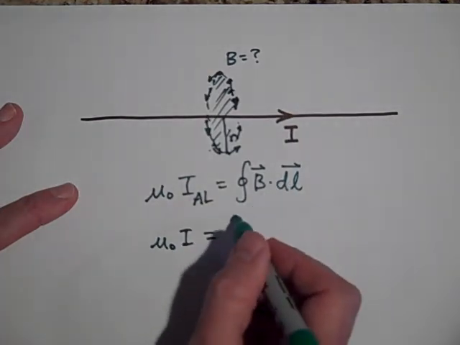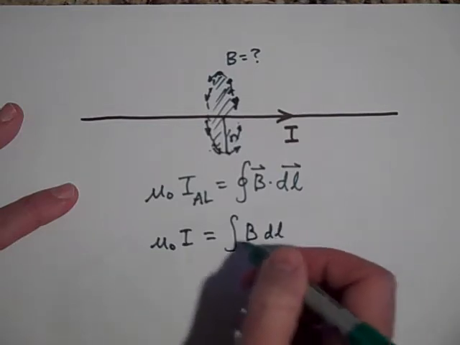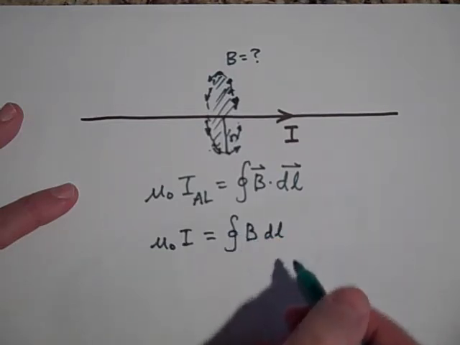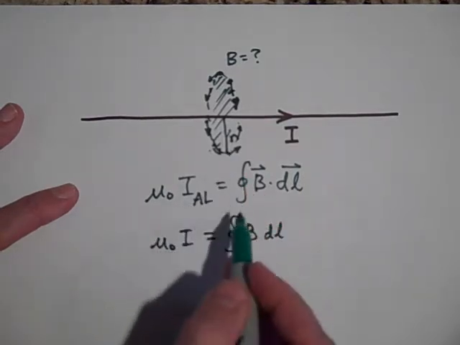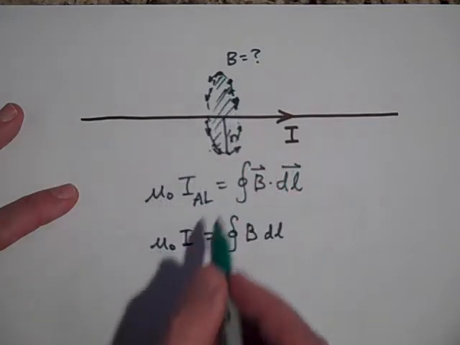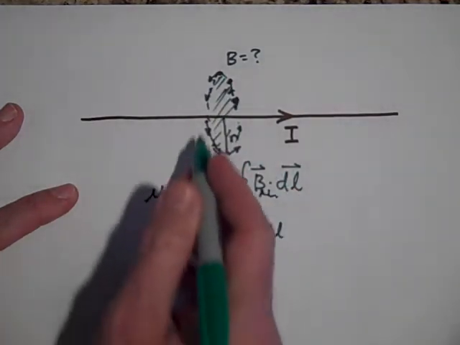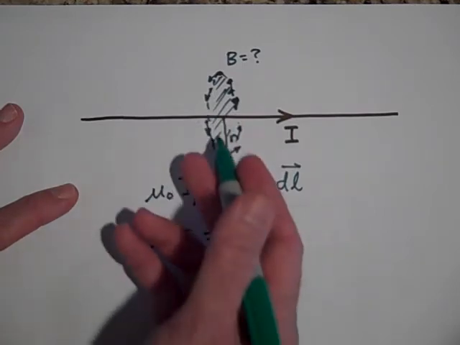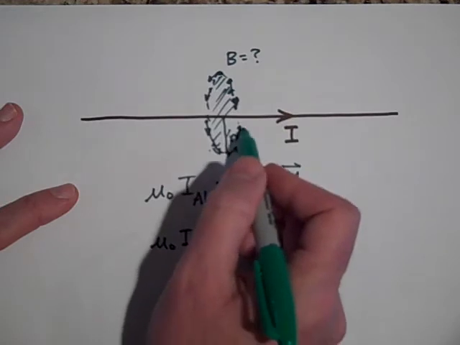Then I can pull the B out of the integral, because for every point on the Amperian loop, the B is the same. These B's are the B's on the Amperian loop. Why would we expect it to be stronger here than here than here?